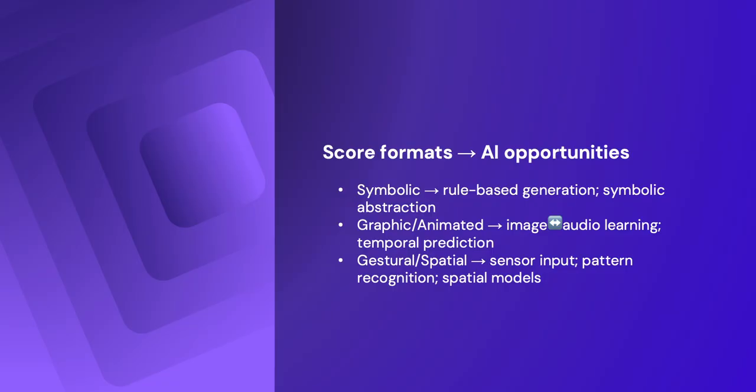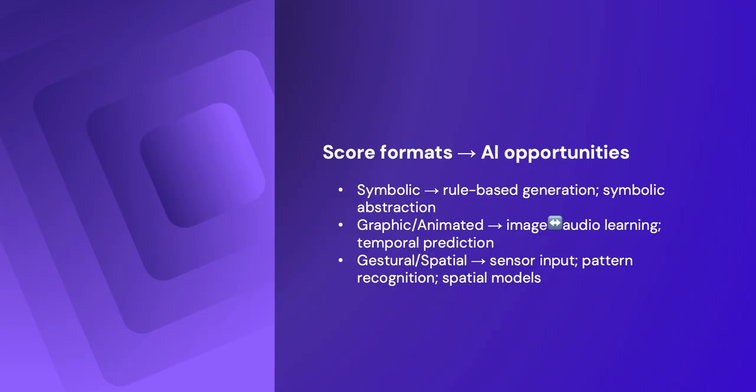For gestural and spatial scores, AI works with sensors and recognition. It can identify motion patterns, map them to sonic events, and model trajectories in multichannel spaces. This is promising for pieces where movement is the musical material.